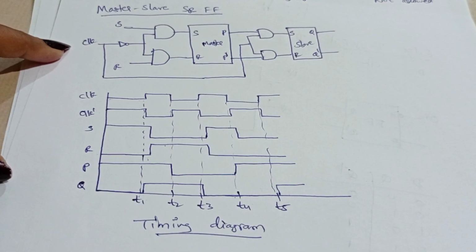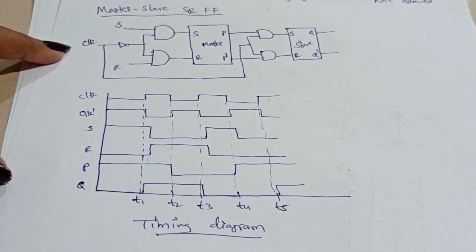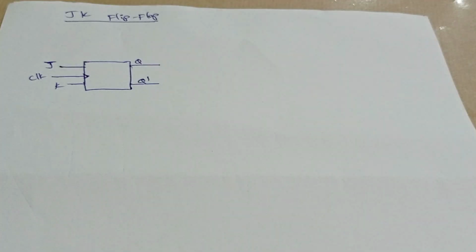This is about the master-slave SR flip-flop. JK flip-flop. The JK flip-flop is an extended version of the SR flip-flop. It has three inputs, J, K and clock.